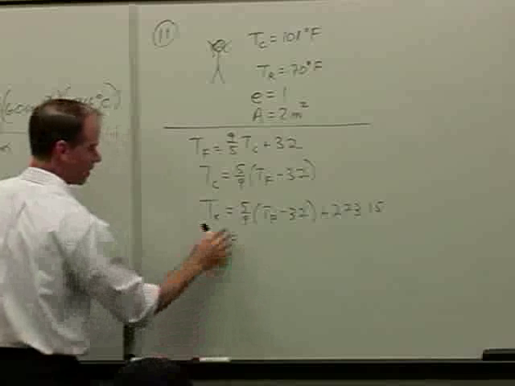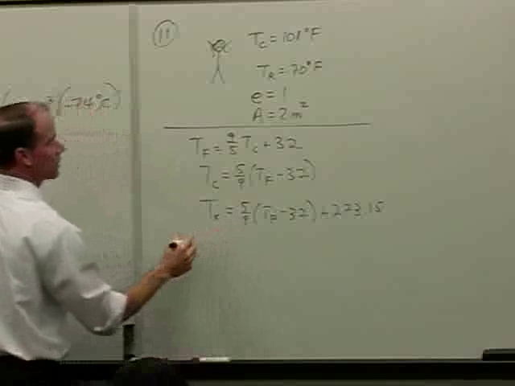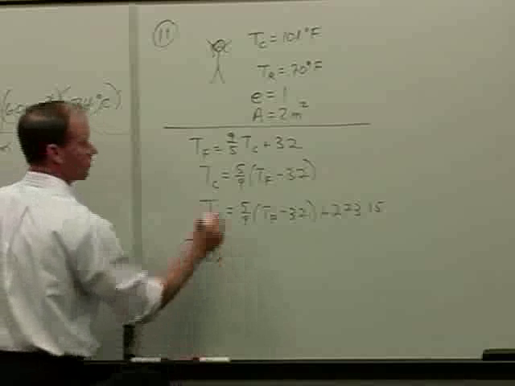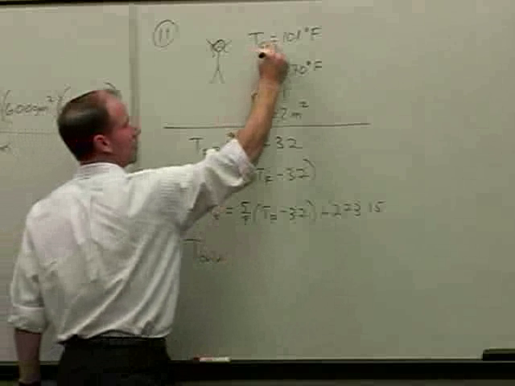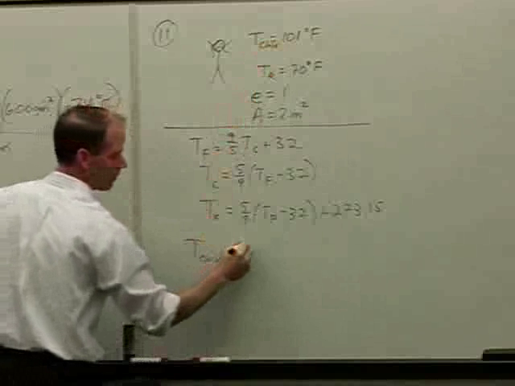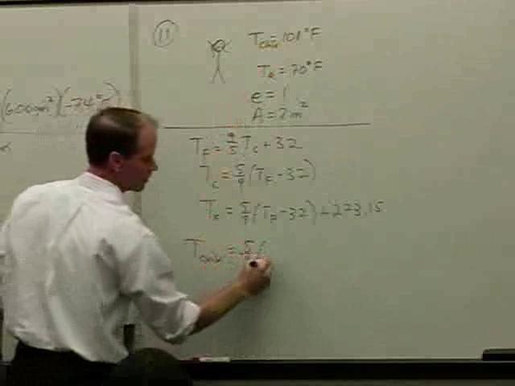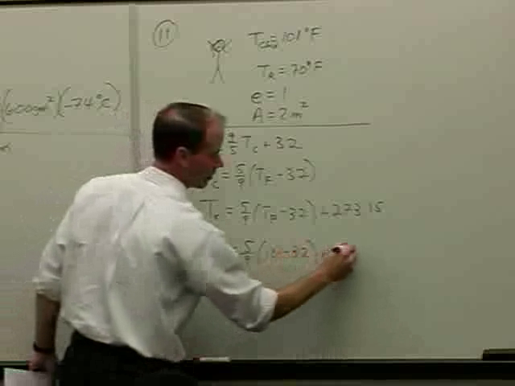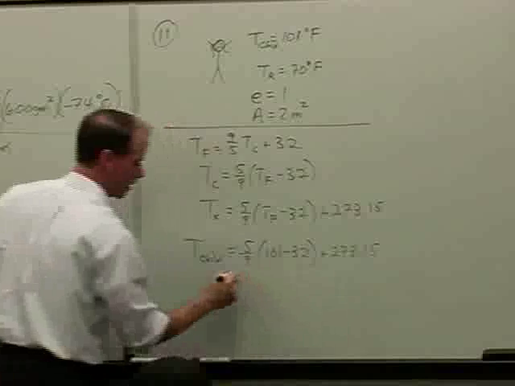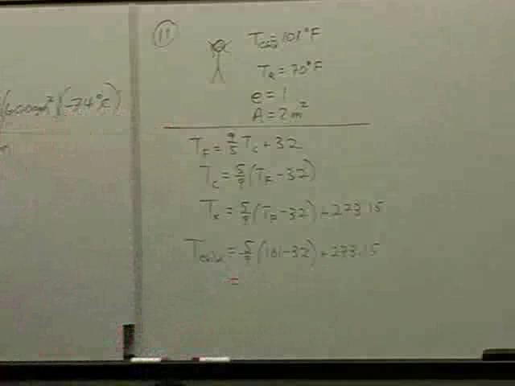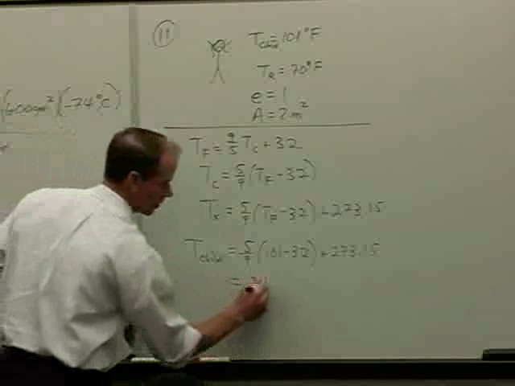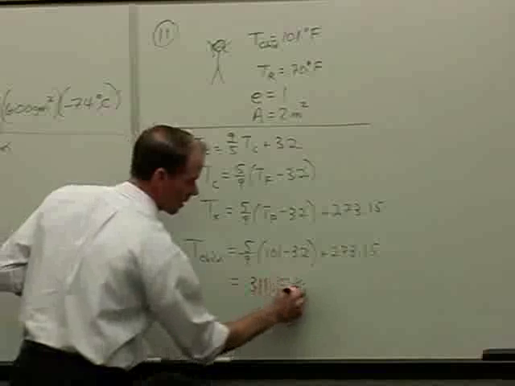So, in this case, the temperature of the child equals 5/9 times 101 minus 32 plus 273.15. And what did that come out to? 311.48. 311.5 Kelvin.